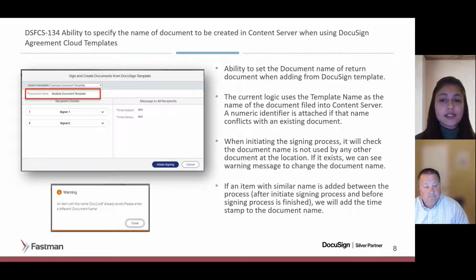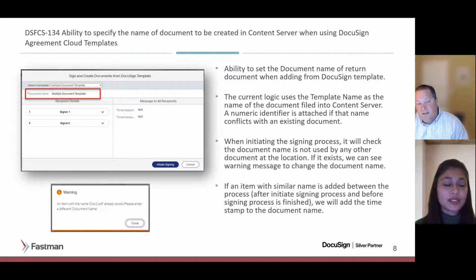It always checks the specified name against other documents at the location and shows a warning message if the user has used the same name. We also handle the naming process if an item with a similar name is added in between the signing process. So that's the brief summary of this feature.